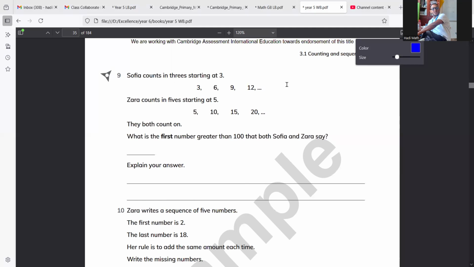To answer this question, you need to understand 2 things. Number 1, the divisibility rule, or test, by 5.